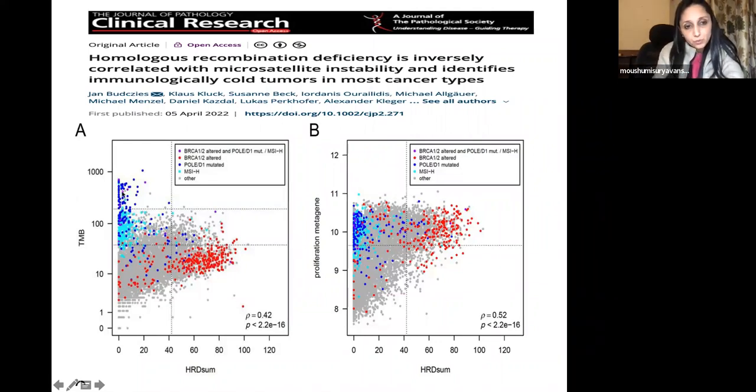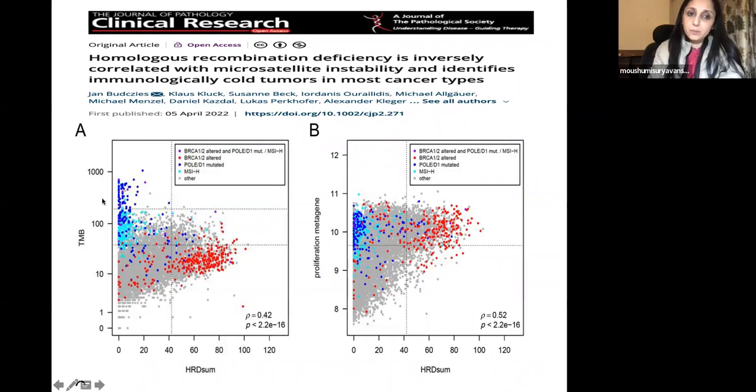But there are these blue dots. These are the patients who have MSI, the light blue dots, and the POLE mutated patients, where the TMB is very, very high, but your HRD score is very low or practically zero. So this is a group where it doesn't make any sense to do an HRD score in the patients who are MSI deficient or POLE mutant.